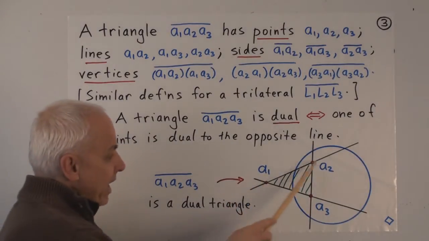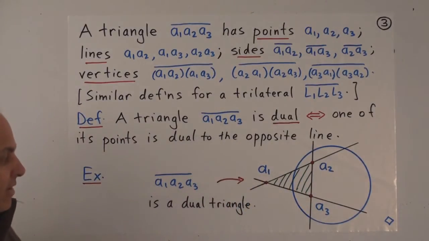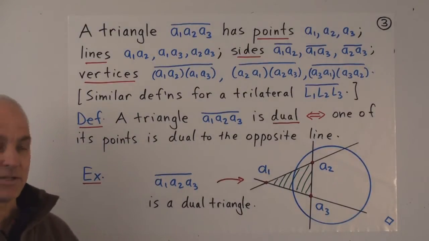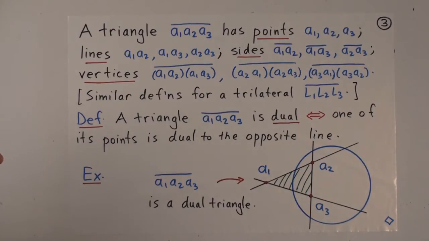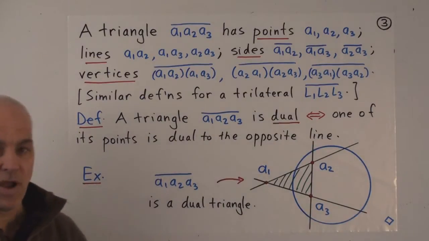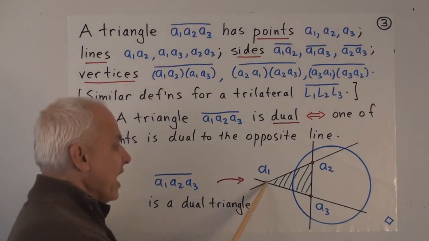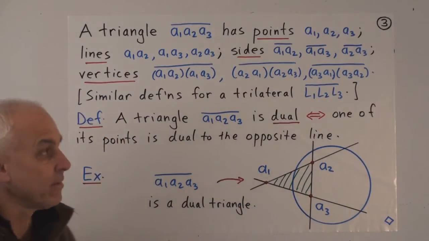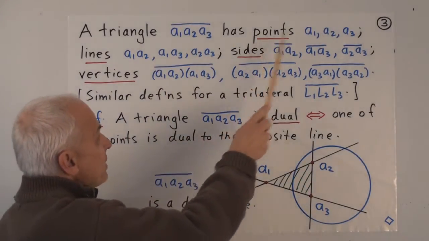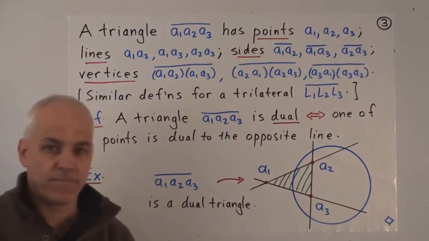But this triangle A1, A2, A3 has a number of secondary objects associated with it. And here we have listed some of the most important ones. So first of all, the points of the triangle are by definition just A1, A2, A3. So we say this triangle has points A1, A2, and A3.